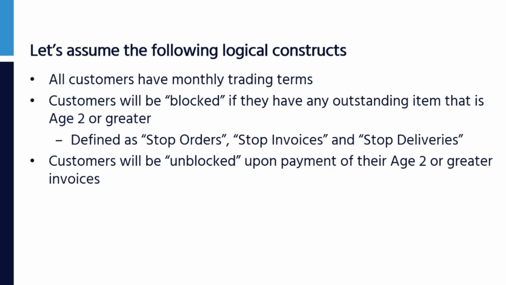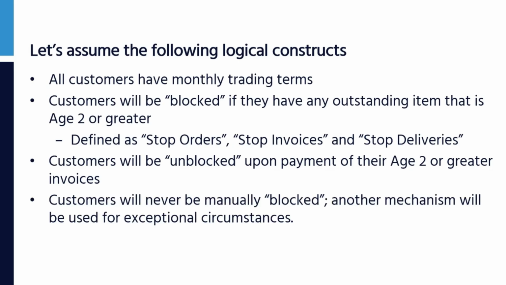You may proceed to order and get billed once more. The final thing is that customers will never be manually blocked. So we'll never be manually changing stop orders, stop invoices, stop deliveries. We'll use some other mechanism. If there's some exceptional circumstance, maybe we'll deactivate them or we'll have a separate construct there. But for our purpose, we're never going to manually block someone.